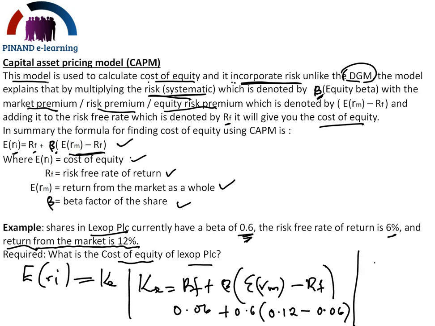So this will come to 0.036 plus... What is in the bracket? Okay, let me do it again so that you understand properly.